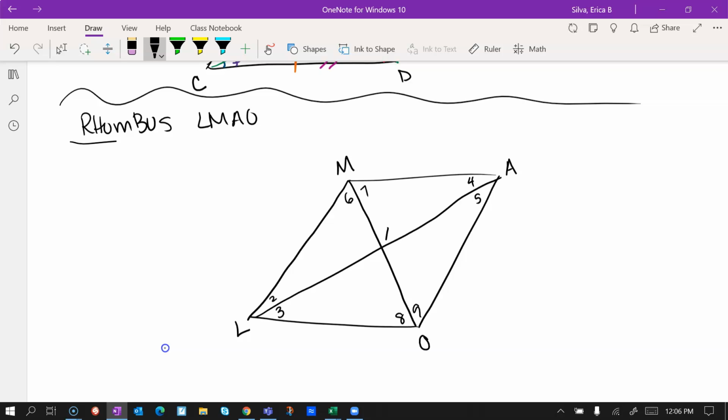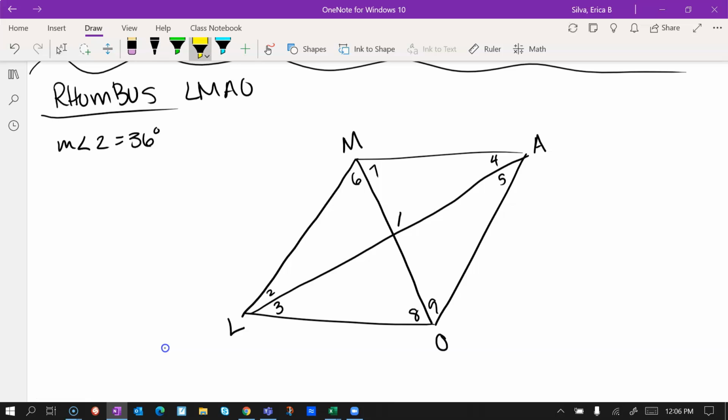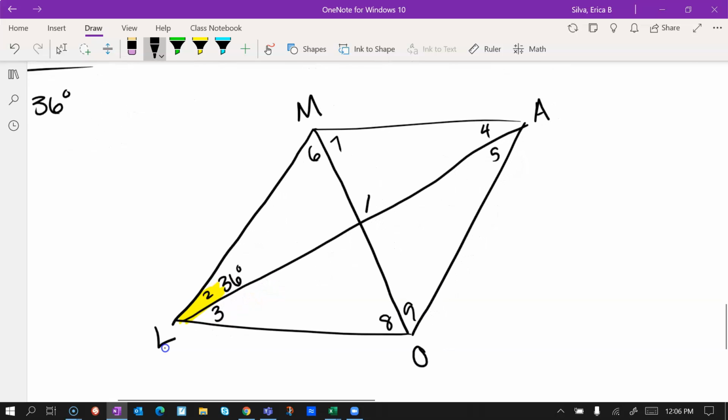Let's start off with a given measurement. We have the measure of angle 2 is equal to 36 degrees. So this one is 36 degrees. All right, so what can we find out from that 36-degree angle?